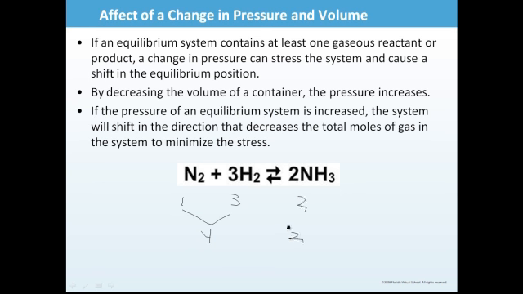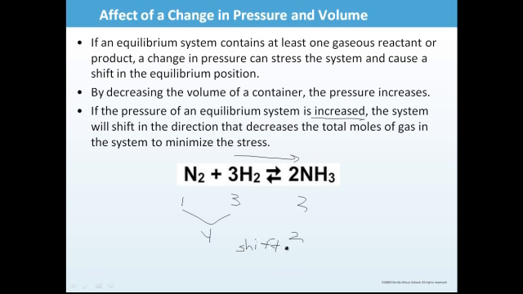So I have fewer particles on the right side of my balanced equation. So if I increase the pressure, okay, and that's what the question tells us, if we increase the pressure over here, then it's going to shift to the right because there are fewer particles. Okay, so it shifts to the right.